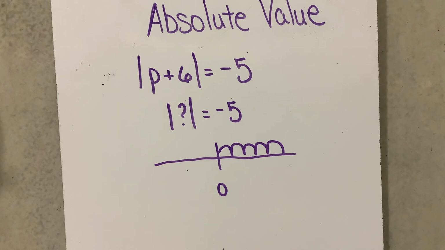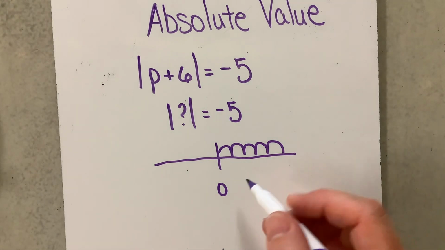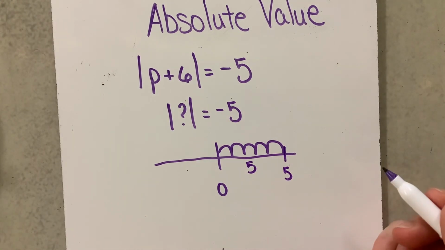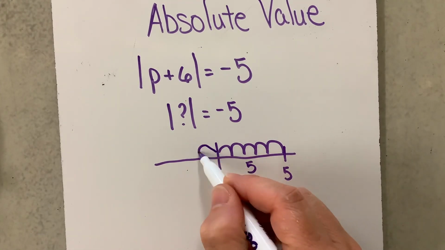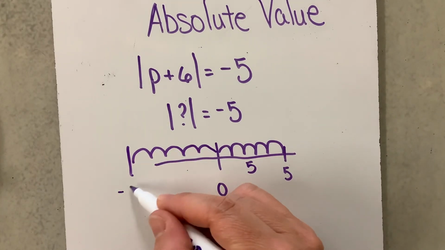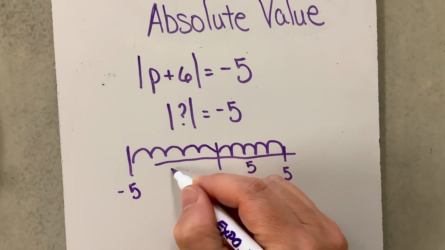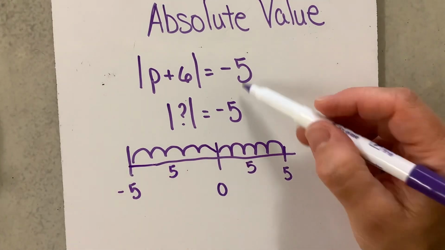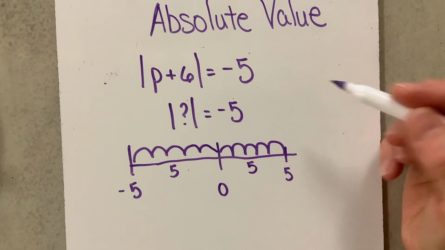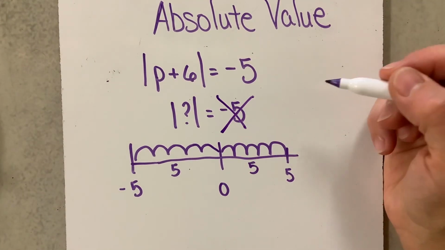that leaves me at +5. If I go 1, 2, 3, 4, 5, that takes me to -5, but it's still 5 steps. So can I actually go -5 steps from 0? And the answer is no, that is not possible.